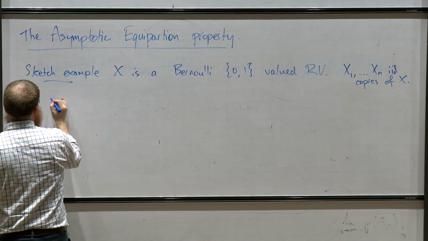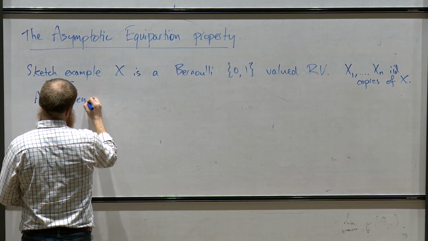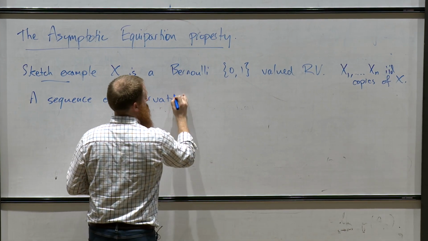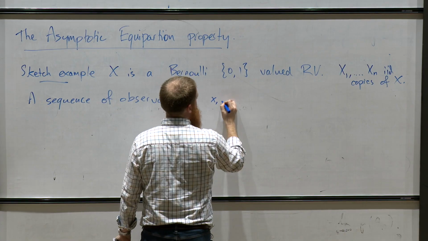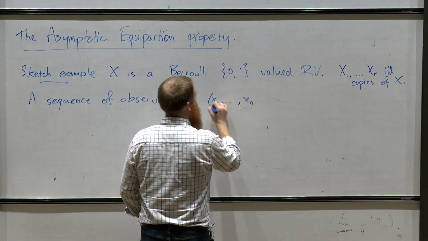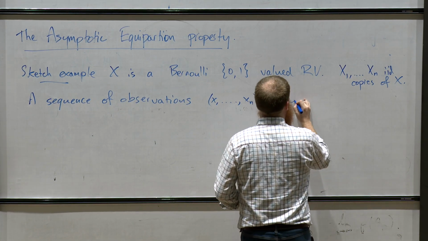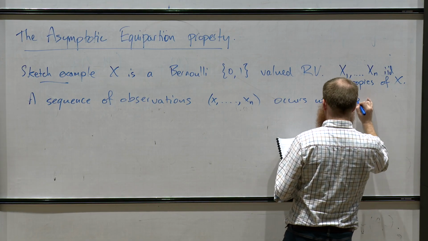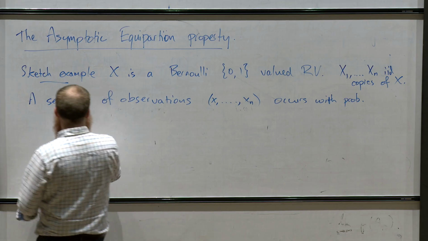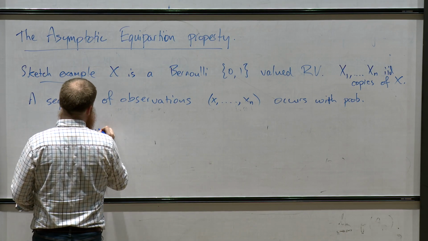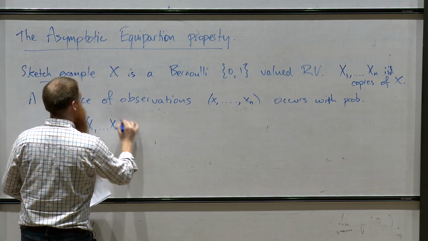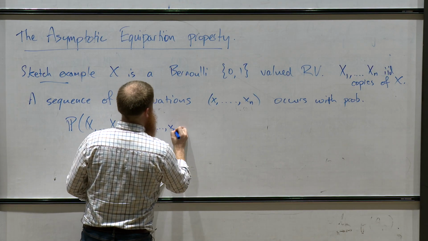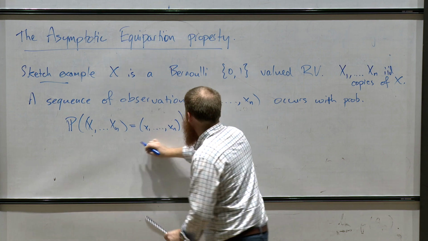So a sequence of observations, I take x1 up to xn, occurs with probability. So the probability that X1 through to Xn are exactly equal to little x1 through to little xn. What is it?